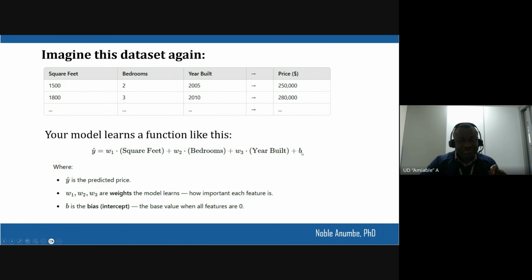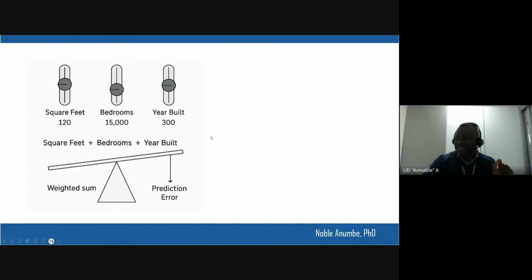So essentially what I'm doing, and I will show you, let me not jump. It's almost something like this. We're going to be tweaking each of these knobs, moving them up and down until we are able to get the exact pricing. And I'll show you what that means. So think of this: this is your weighted sum and this is your prediction error.